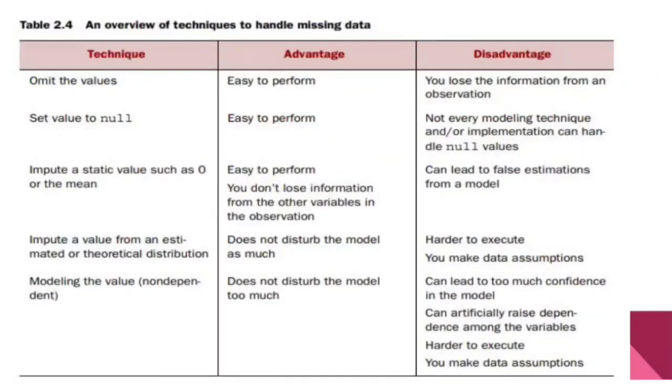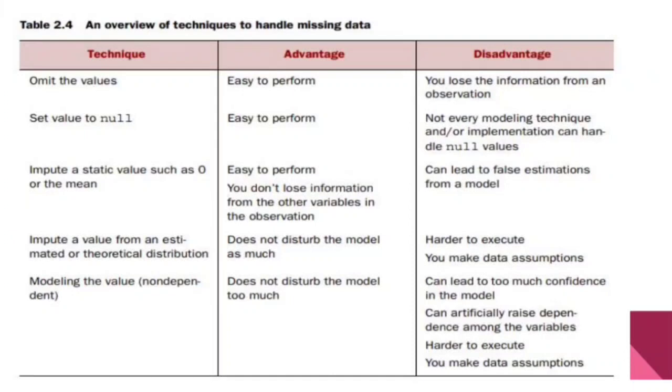So next one, we have an overview of techniques to handle missing data. What is missing data? For example, we have a table students. In the table students, we have some values of students' marks missing. In those cases, we can omit the values.